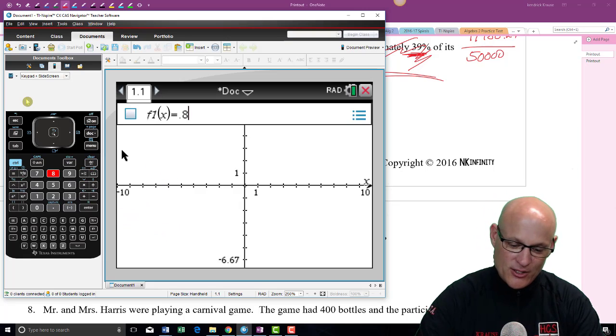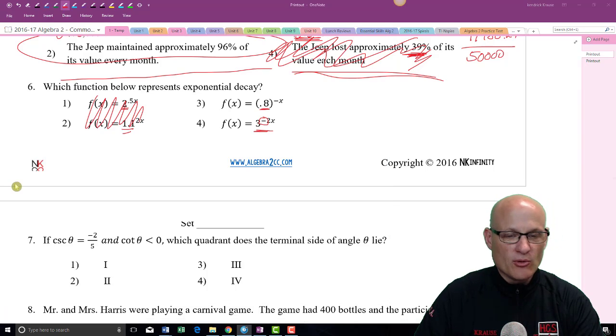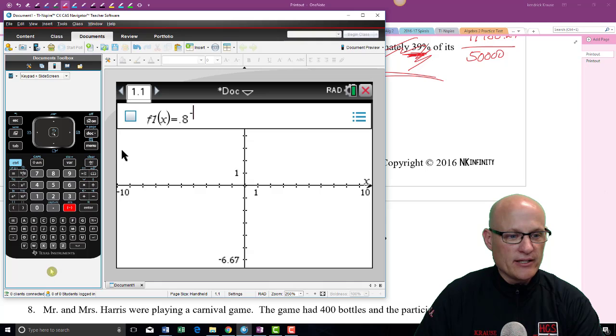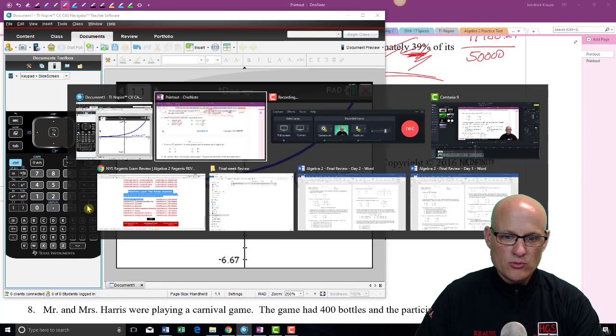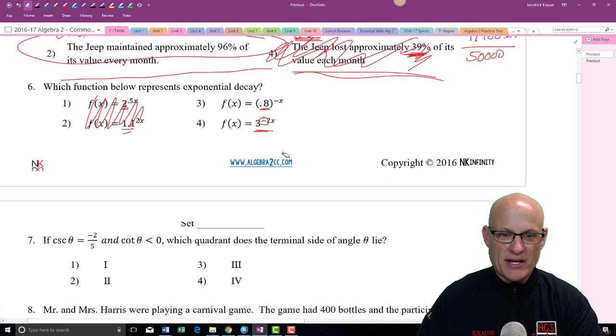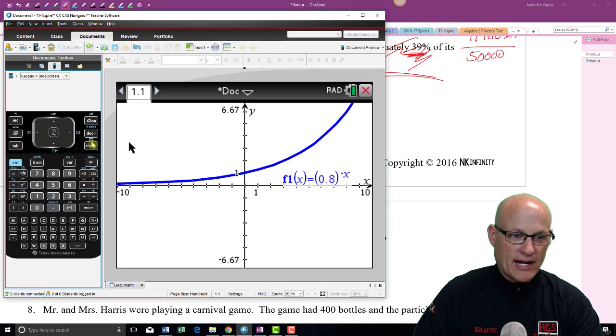So we'll do 0.8 raised to the negative x. Negative x. Ooh, wait a second. That's growth. Well, then this must be the right answer, but it's got a base that's bigger than 1. So it can't be the right answer, or could it?